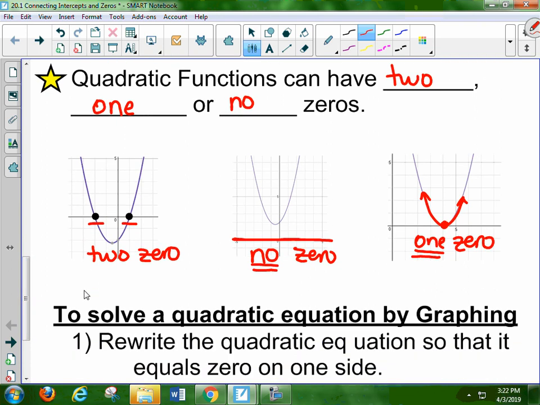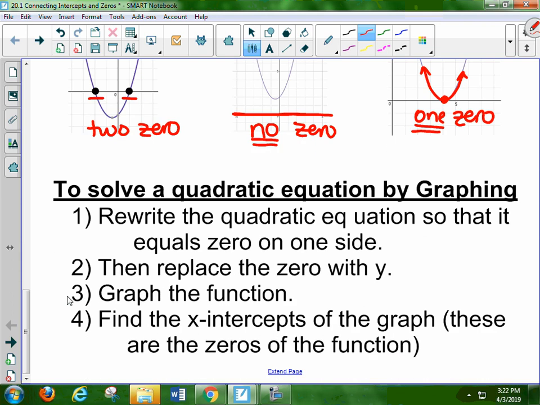So if I wanted to solve a quadratic, if it asks you to solve and figure out what x is equal to, first of all, I want to rewrite the equation so that it equals 0 on one side. Some of these are not equal to 0. And then I'm going to replace the 0 with a y and graph the function.